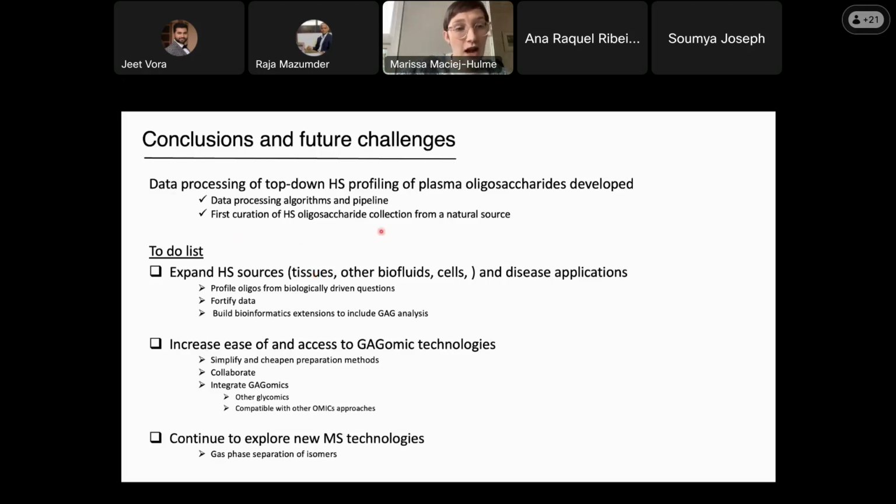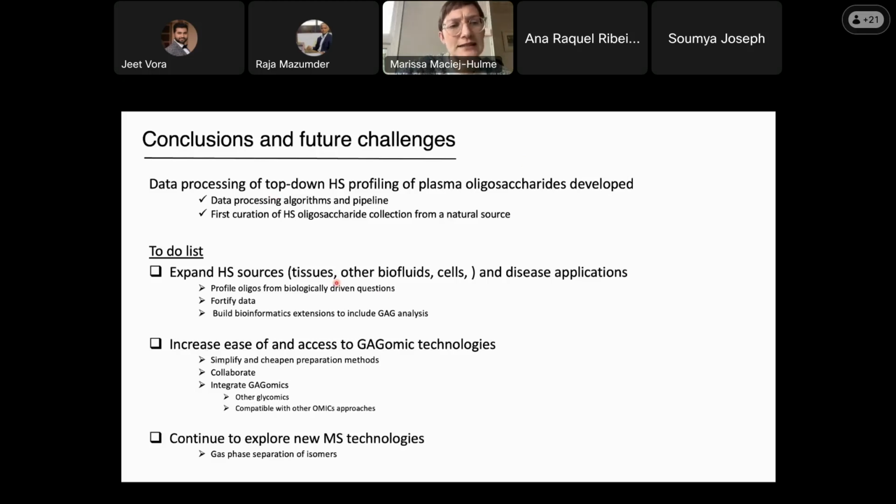The data processing algorithms and the pipeline is now in place for us to be able to do this on a larger scale. Doing it manually, patient by patient at the beginning was really difficult. So we quickly found that we needed to have a more bioinformatic approach. And we've now generated the first curation of HS oligosaccharides from a natural source.